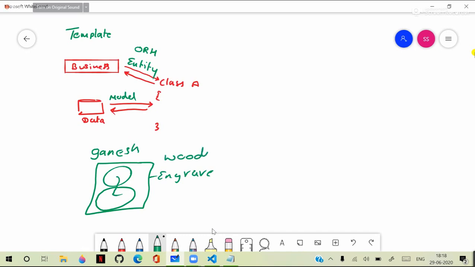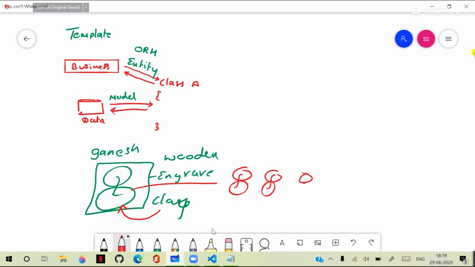Now you take some clay and put that clay into this engraved wooden frame, and you take it out. Then one Ganesh idol will come. Like that, you can create so many Ganesh idols from this. This is a blueprint. Understood?